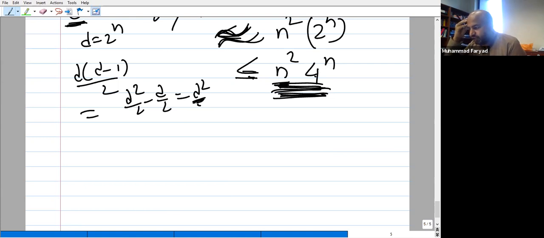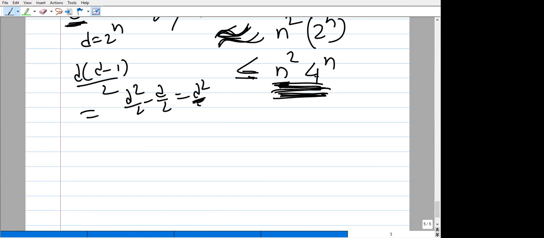It tells us that quantum computing is not some magic bullet that can solve any computational problem efficiently, because we have just seen that in general we require exponentially many gates.